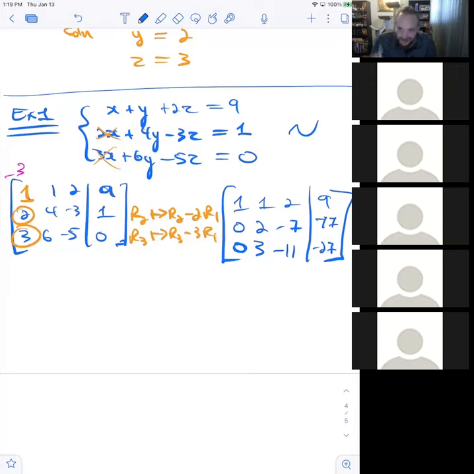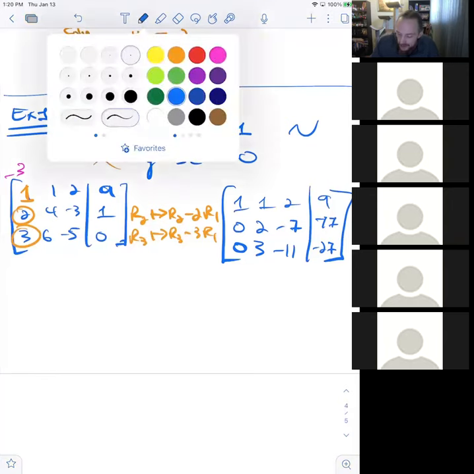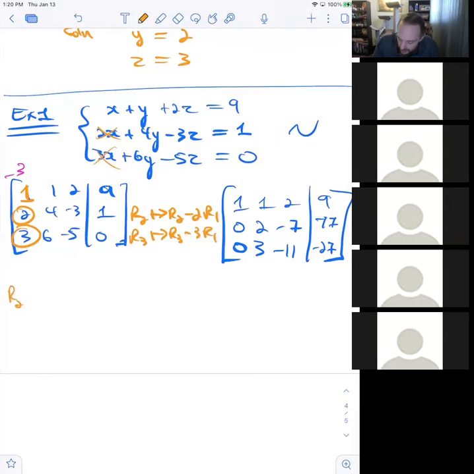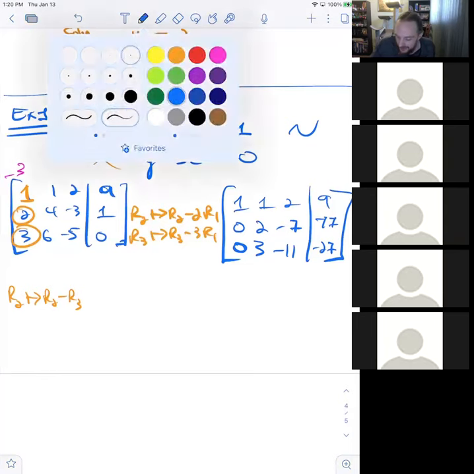Again, the solution is integers, and so I don't want to just divide by 2 or divide by 3 to get a leading 1. I want to get a leading 1 and then move on, but I'm going to do that by doing this. Row 2 goes to row 2 minus row 3. 2 minus 3 is -1. You could do this slightly different ways, however you want to do this.